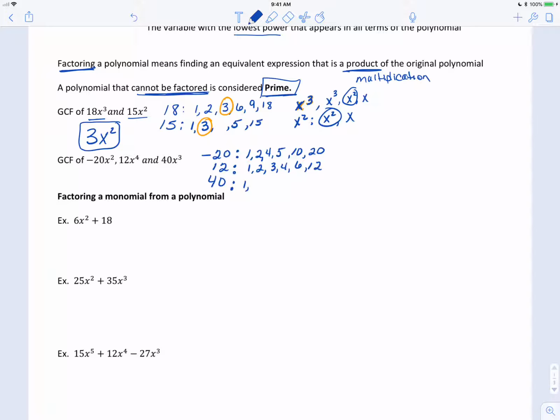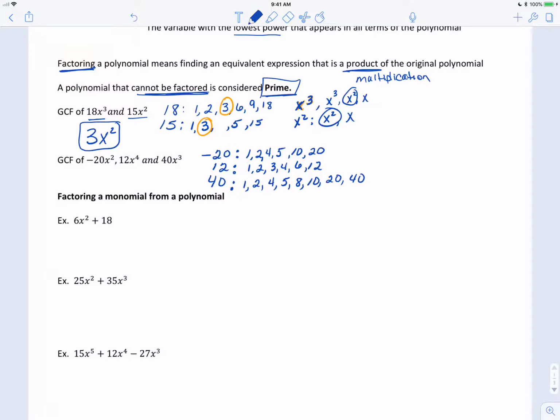So 1 goes into it, 2 goes into it, 3 does not go into 40, 4 does, 5 goes into it, 6 does not, 7 does not, 8, 9, no, 10 does, 11 does not, 12, you see it just gets easier if you list what they are multiplied by, because then I think you're up to 20 after that, and then 40.